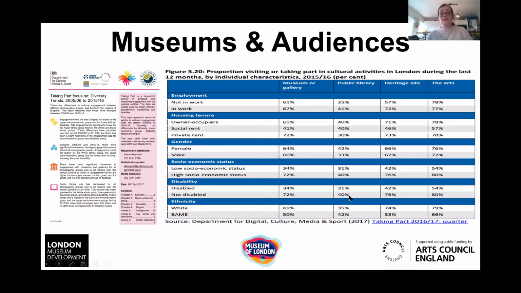The next slide I've got is around audiences, which is mainly collected from the Taking Part survey, which is the longest longitudinal survey taken by the government, taken by DCMS.